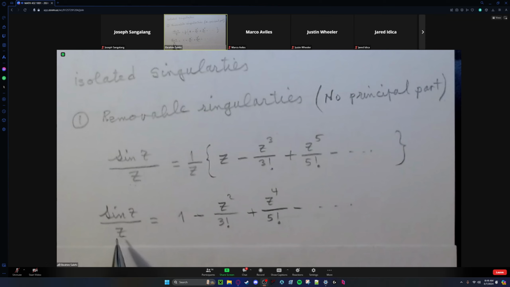Because in mathematics, as you know, we don't divide by 0, and we don't like zeros in denominators, and those are singularities. But for this particular one, after we do the Laurent series, we don't have the principal part. That is called a removable singularity.